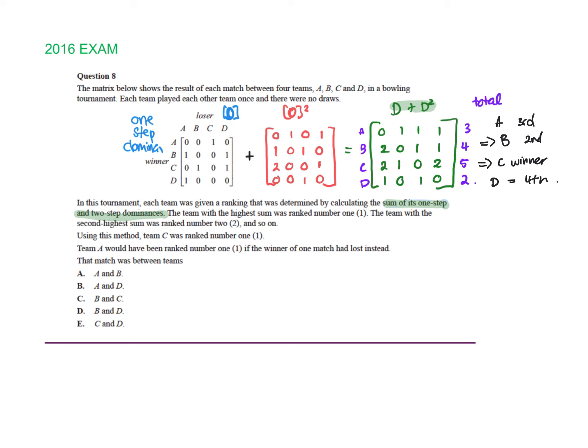So I've put this dominance in, and I've had a look because they told me C was 1, and I can see that. But they said A would have won if one game was changed, so I wanted to look at the ranking. Because B's come second, I'm thinking that the game is most likely going to be something to do with B and A, and A's got to win, obviously, to come back up. That's what you would assume.